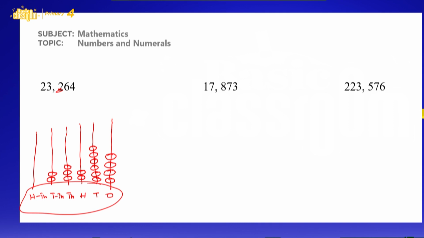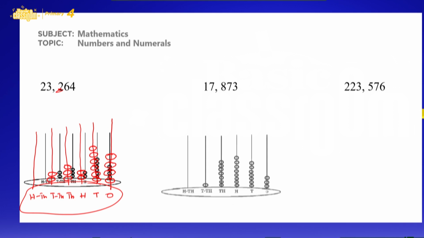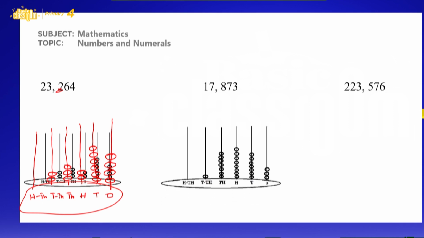Now I want you also to try and work on the second one. We have 17,873. After doing this, we are going to have our work being displayed nicely. So we have the second one being displayed on your screen for you. And I believe what you have done is what is also being displayed over there. We have 3 of the counters on the ones.